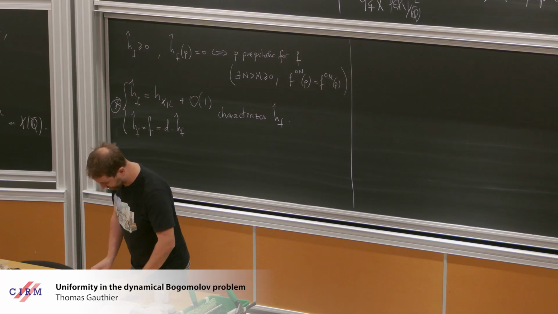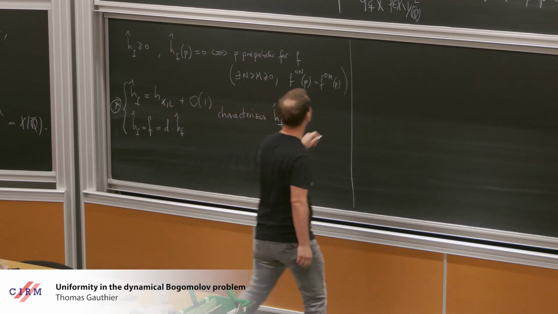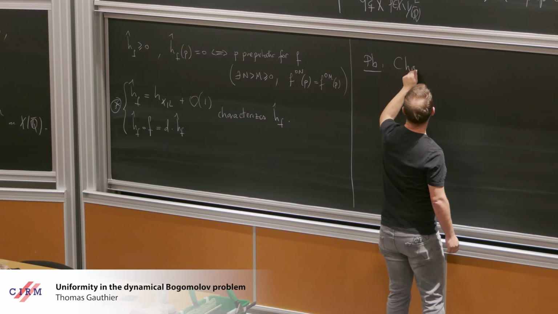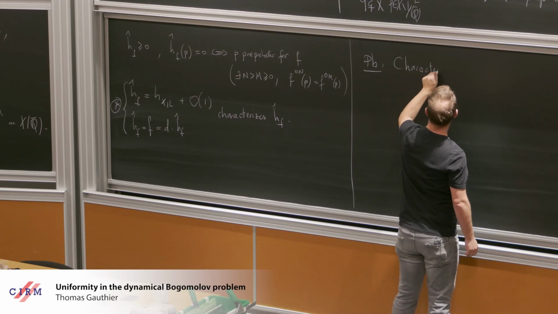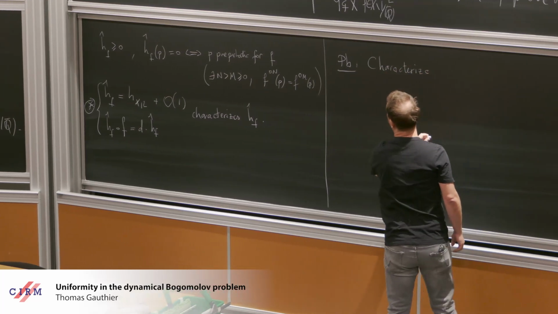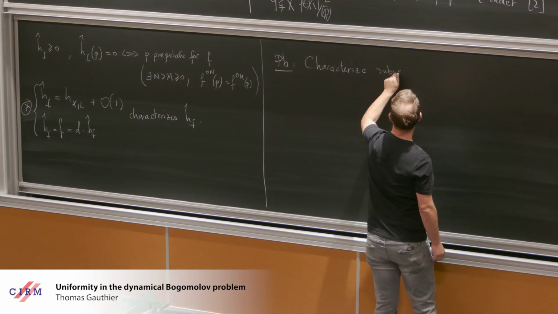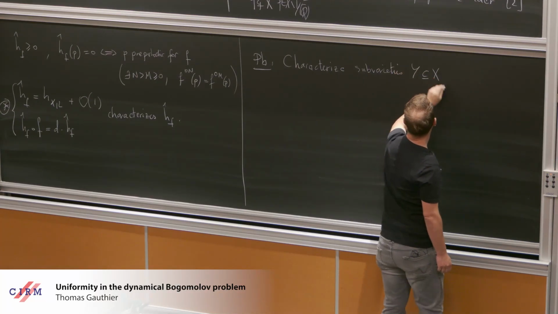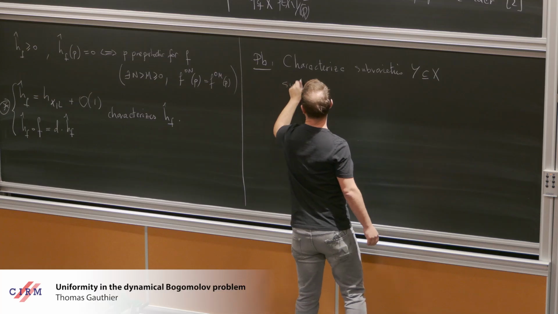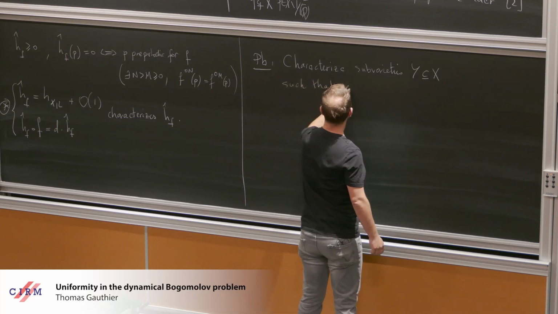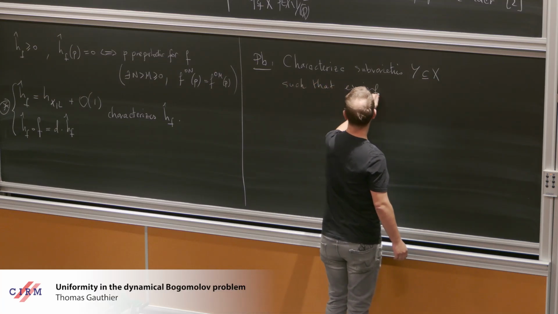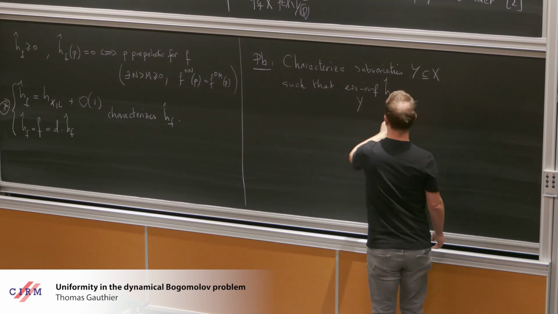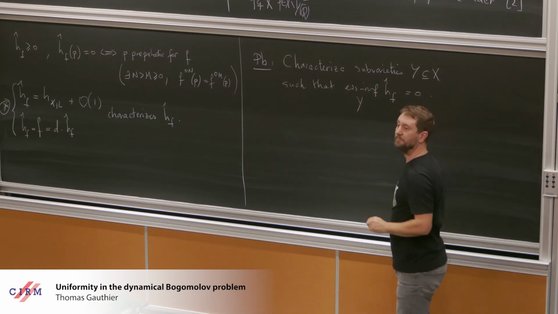Okay, so now what is the problem? It's to characterize subvarieties Y such that the essential infimum in Y of the canonical height of F is 0.